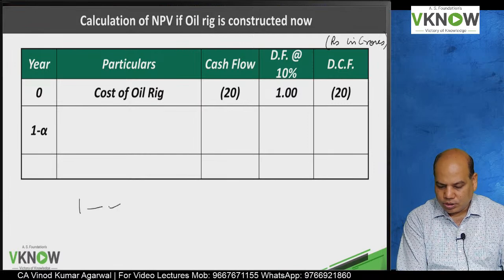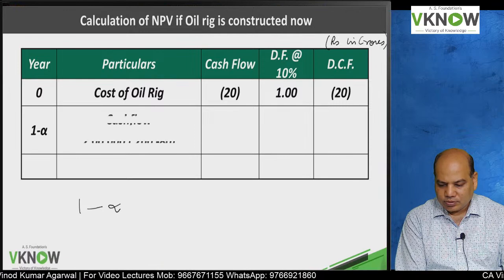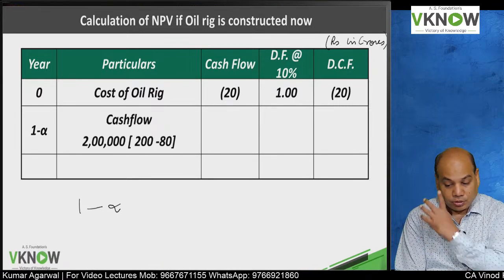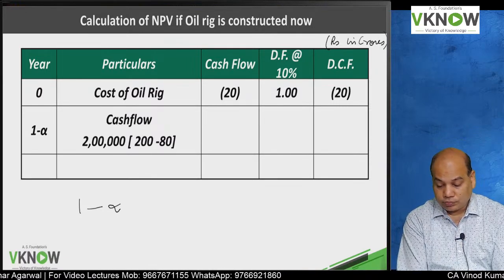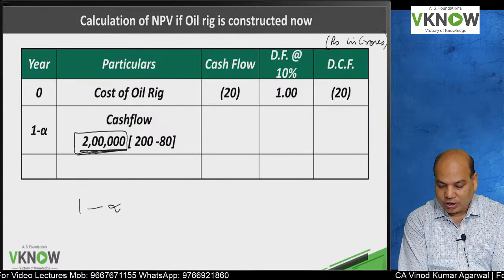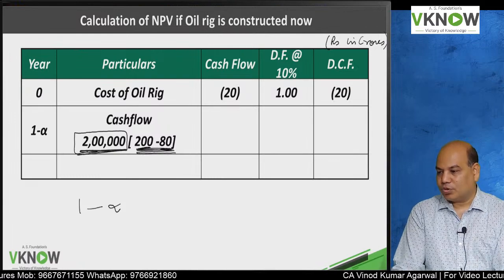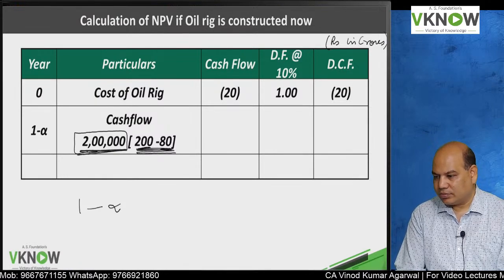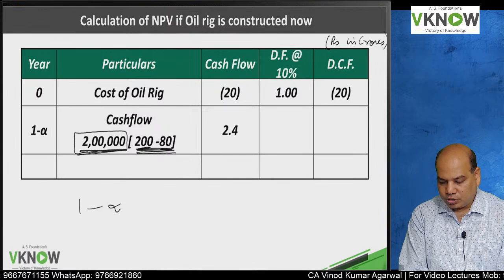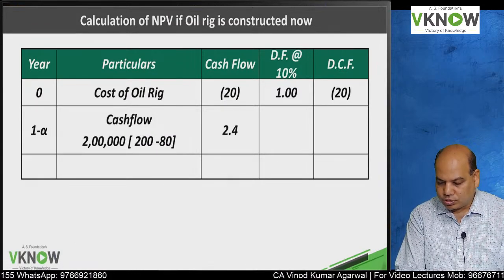Because it is a perpetuity, you are going to get cash flow equal to 2 lakh barrels, quantity, times selling price minus variable cost, contribution 120. So my cash flow will be 2.4 crores.